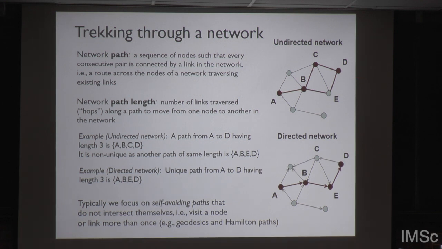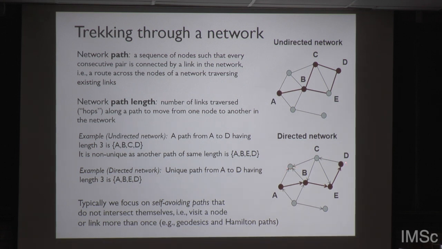For directed networks, we can also define a directed path and a directed path length. So for example, to go from A to D, you can follow the path A to B, B to E, E to D. But notice that if you take a slightly different path, so that for example, if you go from here to here, you are stumped because all the arrows are actually pointing inwards.